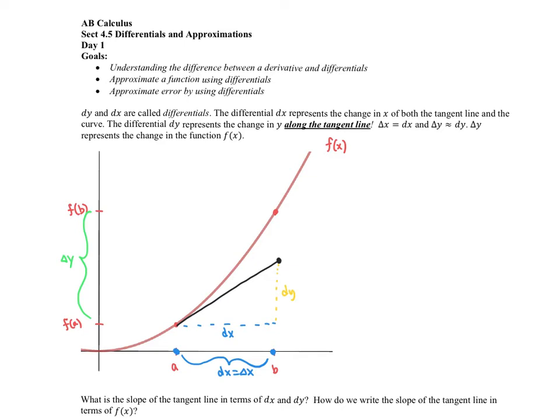Now, if you look at the difference between delta y and dy, what we're left with is a difference represented by this distance. This would be considered the error.